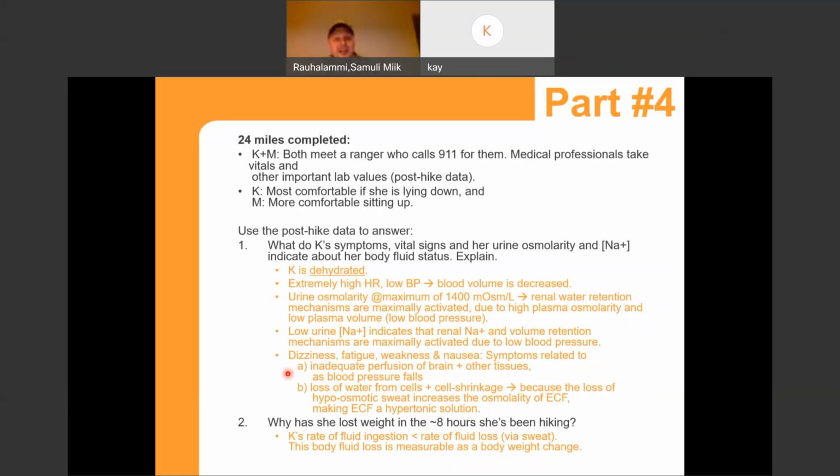We're also seeing that there's going to be loss of water from the cells, so the cells are physically starting to shrink. You remember when we talked about those skinny cells, hypertonic cells. So we're seeing that as well happening here. So remember, hypertonic cells, cells that were losing water, they were becoming skinny cells.